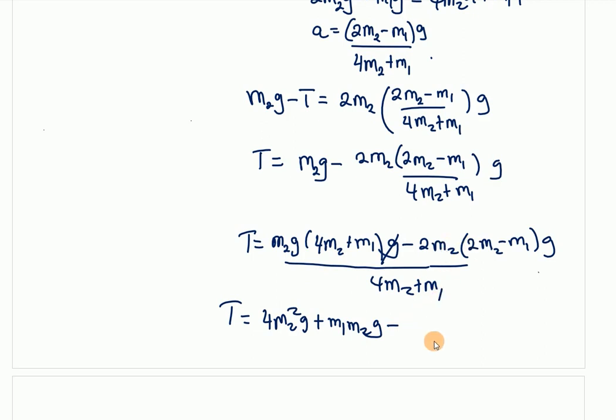If I work out this, I have this one is 4M2 squared, and there is a G out there, plus 2M1 M2G divided by 4M2 plus M1.